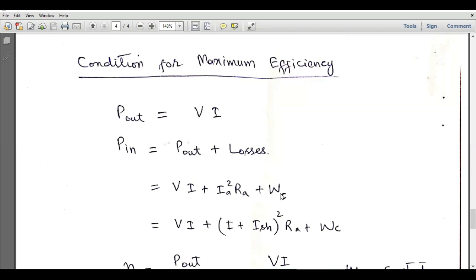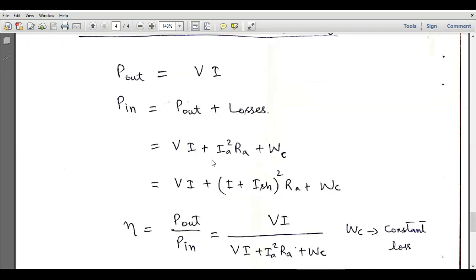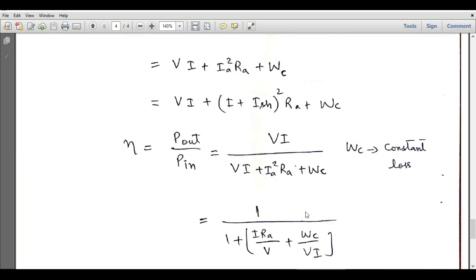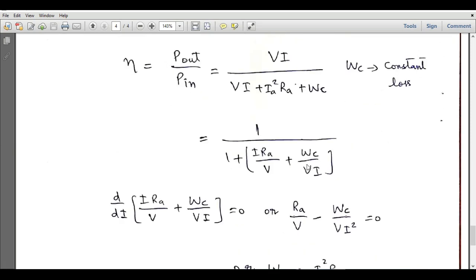So WC are the constant losses and IA square RA are the variable losses. So VI plus, IA is equal to I plus I shunt, so (I plus I shunt) square RA plus WC. And in this case, efficiency will be equal to P out over P in. So this is P out and this is P in. And we can divide the numerator and the denominator by VI to get this expression.